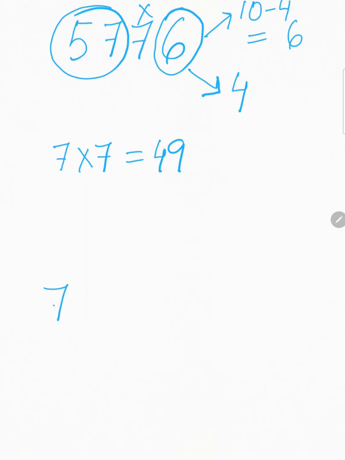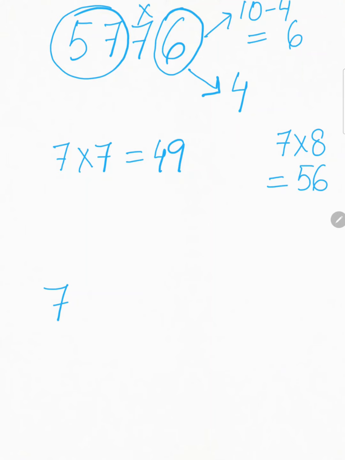So 7 is the first digit of the square root. Now, to move on to the next digit, we multiply 7 by its successive digit, which is 8. So 7 into 8 is 56.